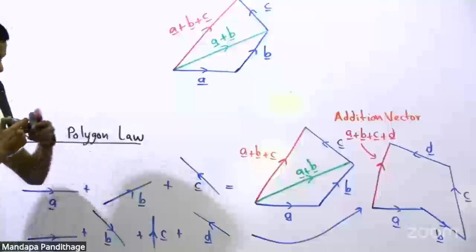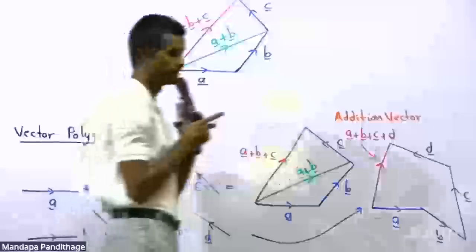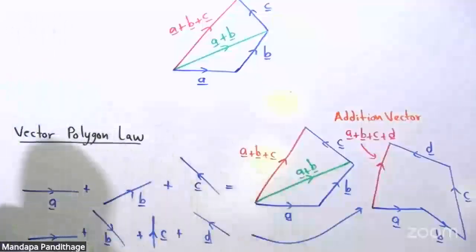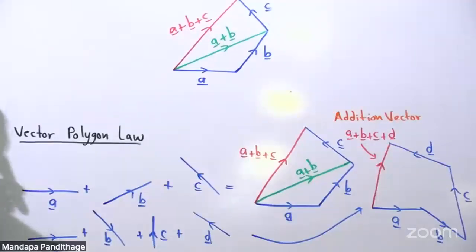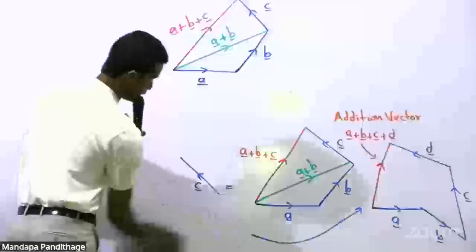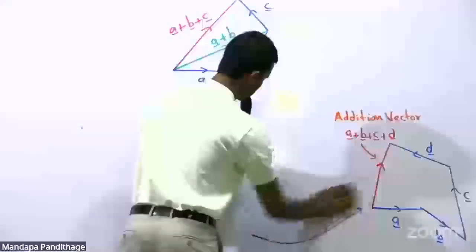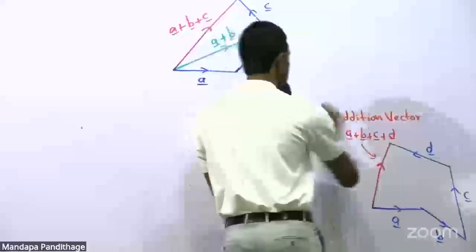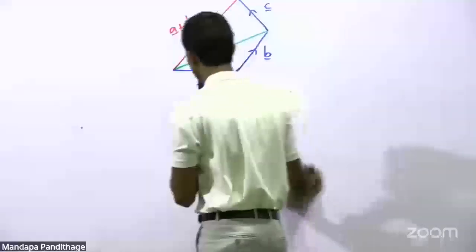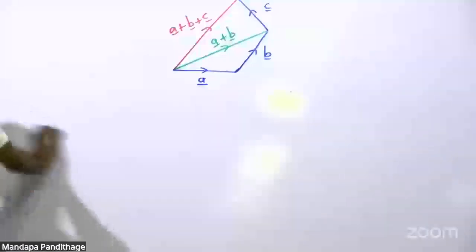Okay, so let's just write this down. Vector polygon law is derived using the vector triangle law.